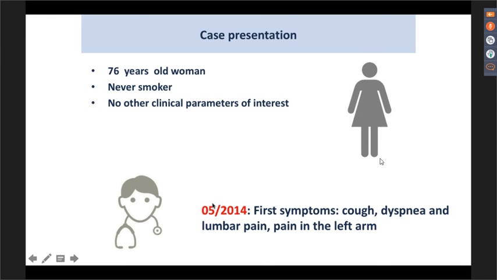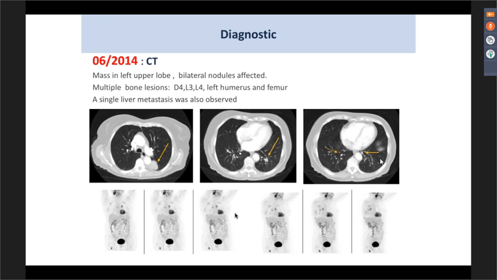In May of 2014, she consulted her doctor with mild symptoms of cough, dyspnea, lumbar pain, and also she referred some pain in her left arm. 1 month later, a CT scan showed a mass in her left upper lobe, in the lung.